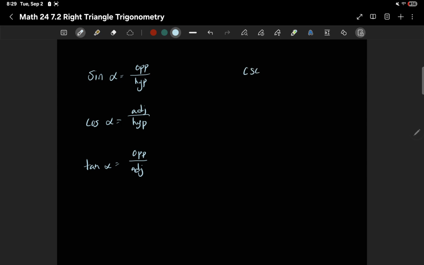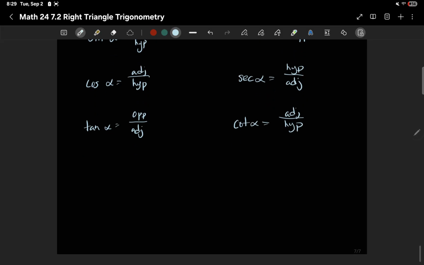We have cosecant of alpha, the reciprocal of sine, so hypotenuse over opposite. Secant of alpha is hypotenuse over adjacent, the reciprocal of cosine. And cotangent of alpha is adjacent over opposite, the reciprocal of tangent.